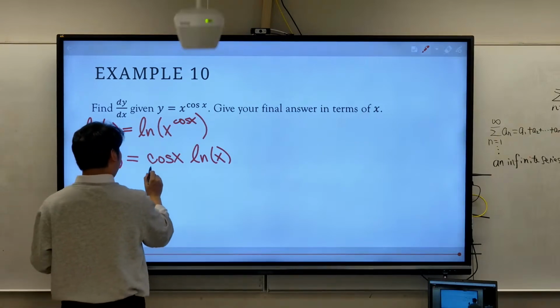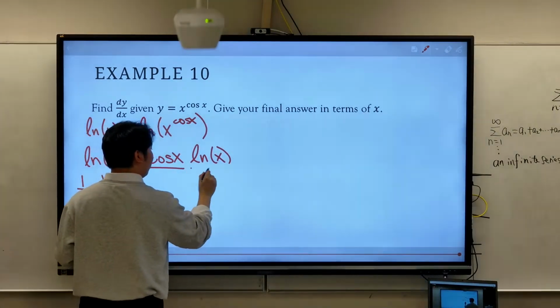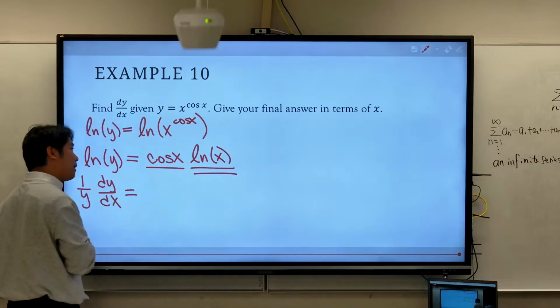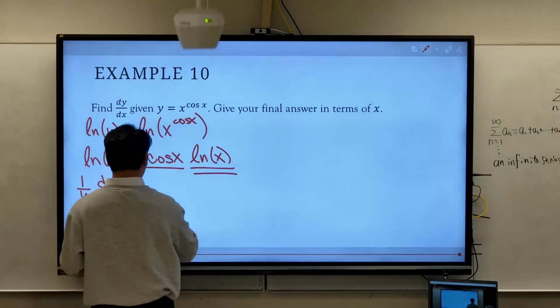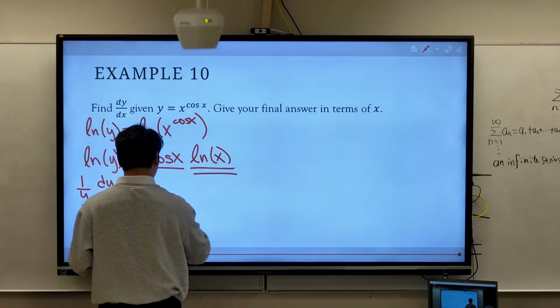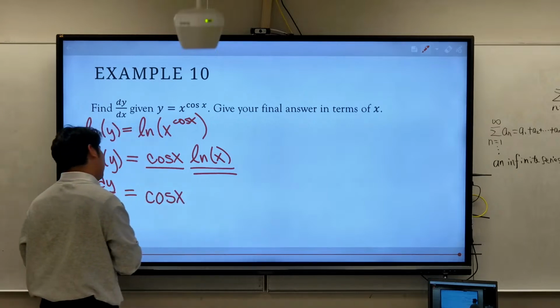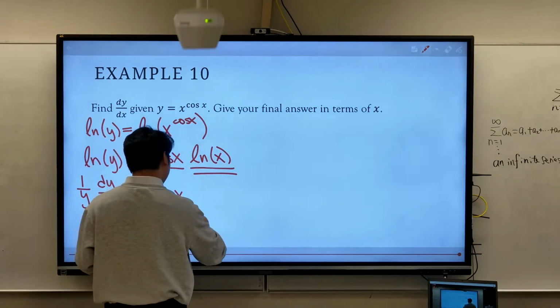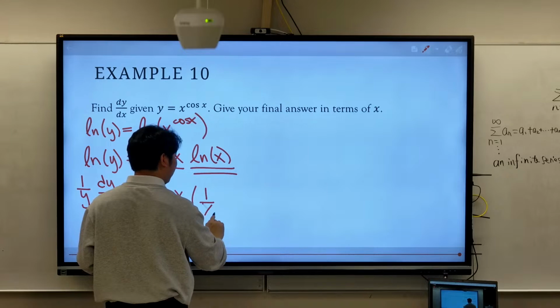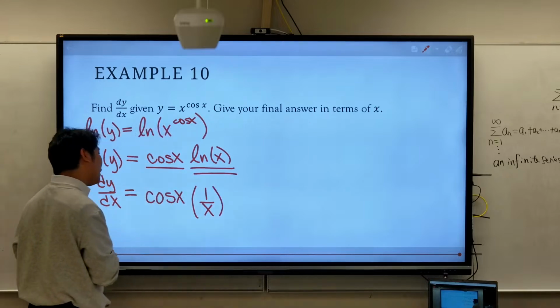So just for notes, I'm going to identify this as the first and then this other one as my second. So following through with the product rule, we have the first, cosine of x, times the d second. What's my d second, by the way? Yeah, we have 1 over x. We know that the derivative of the natural log of x is 1 over x.